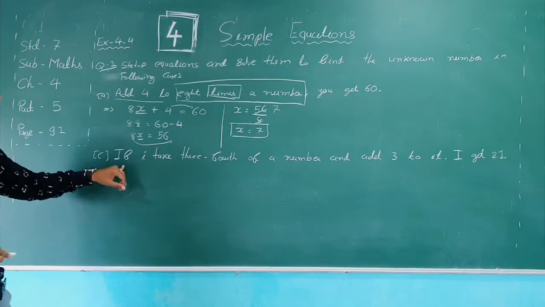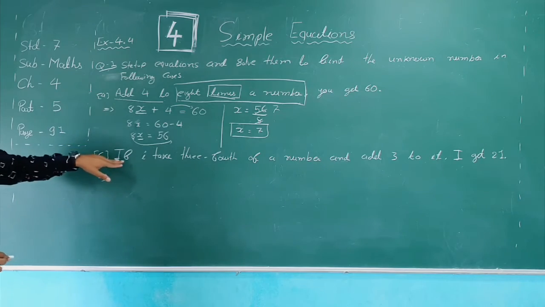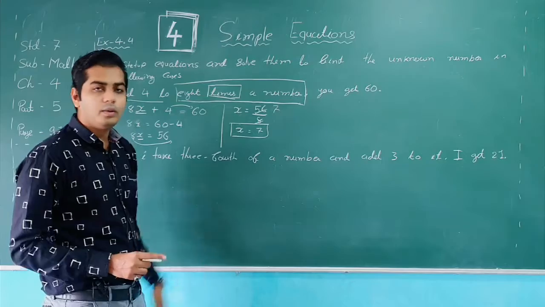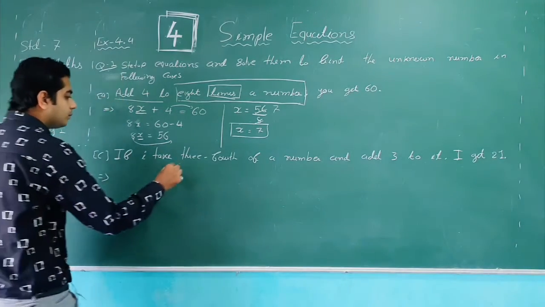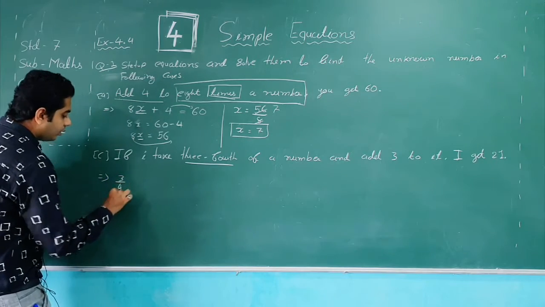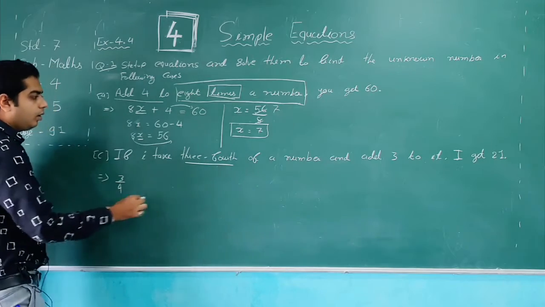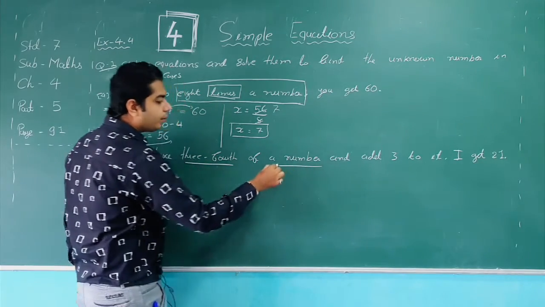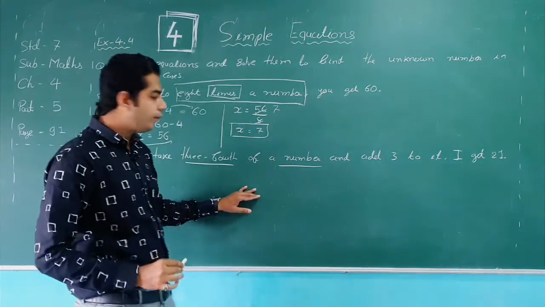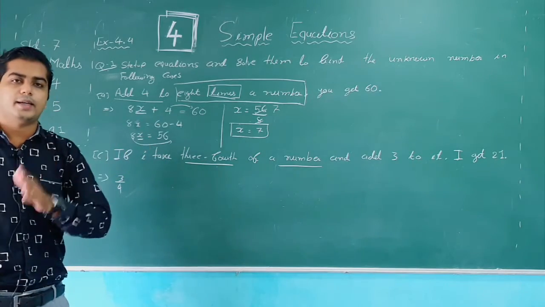Again, question number 1C: if I take 3/4 of a number. Now 3/4 of a number, 3/4 means 3 by 4. So first of all I will write 3 by 4. When a number is given in the sentence, जब हमको सेंटेंस में a number दिया हुआ, we have to assume a number, whatever variable you can use: x, y, z, a, b, c.